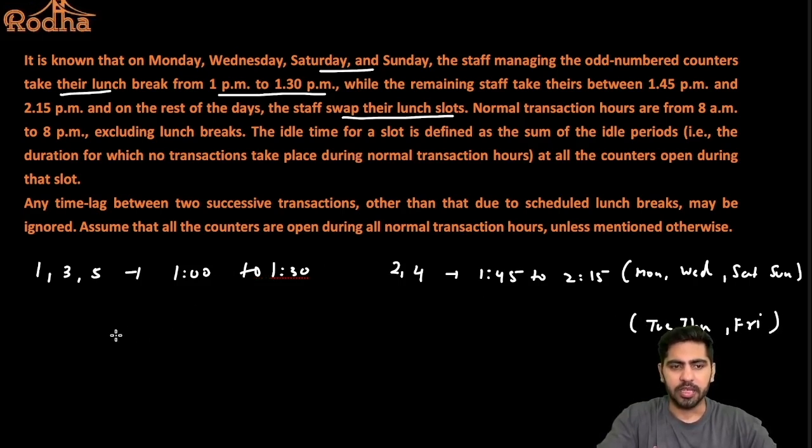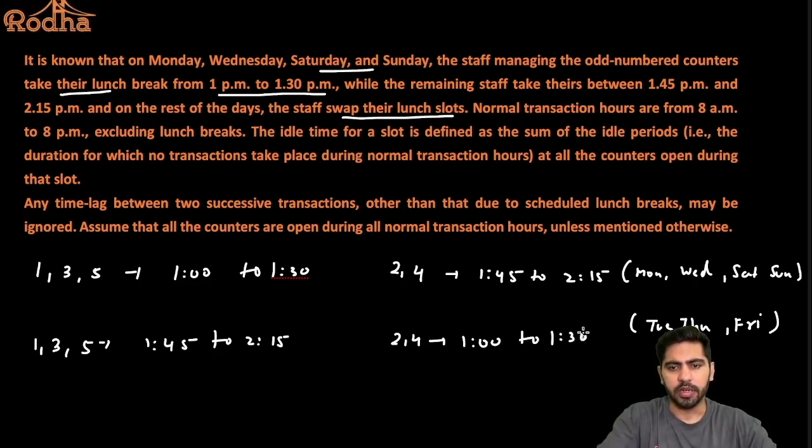So 1, 3, and 5 are going to take their break from 1:45 to 2:15, and 2 and 4 are going to take their break from 1 to 1:30. All right, now let's see it further.